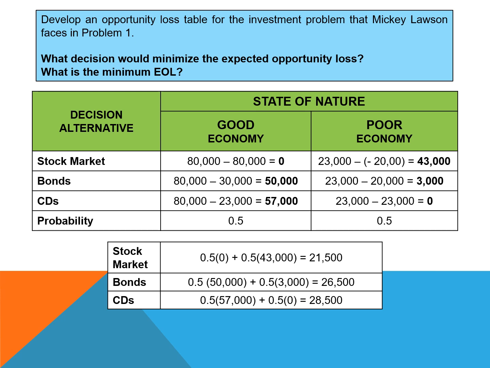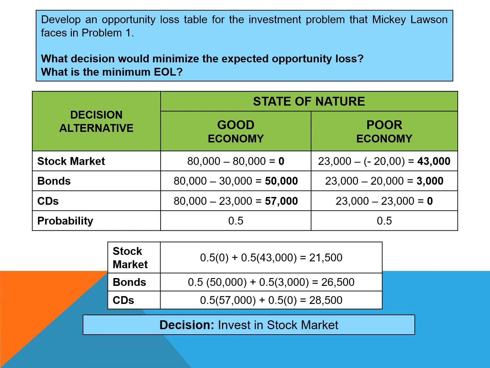Then plus 0.5 multiplied by 43,000, because for the poor economy the data is 43,000. So we get 21,500. The procedure is the same for the other alternatives. The decision rule here is to choose the alternative with the lowest EOL, the lowest expected opportunity loss. So the decision that would minimize the expected opportunity loss is 21,500. So we invest in the stock market.